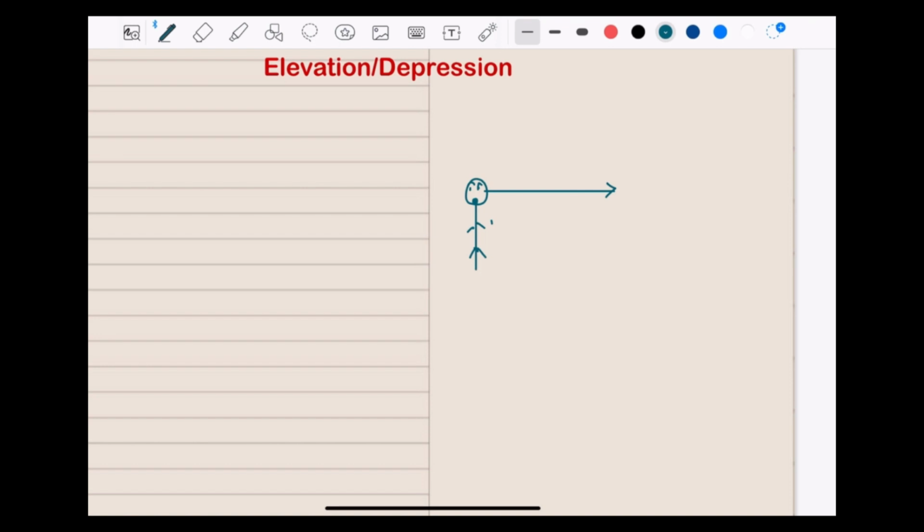So let's say if there is a fan somewhere at the top, you will have to look up. The lift on your side is called the angle of elevation. How much are you elevating from your line of sight?